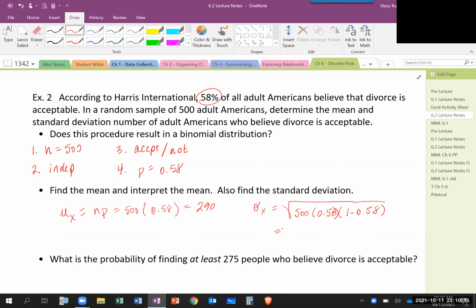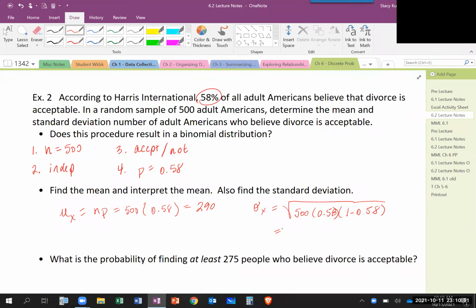Okay, let's take a minute. I want everybody to make sure they can get it. You multiply all three of them together.